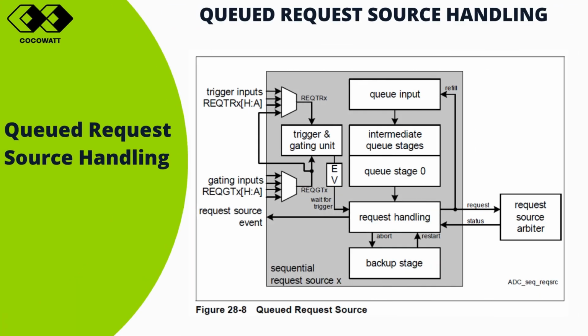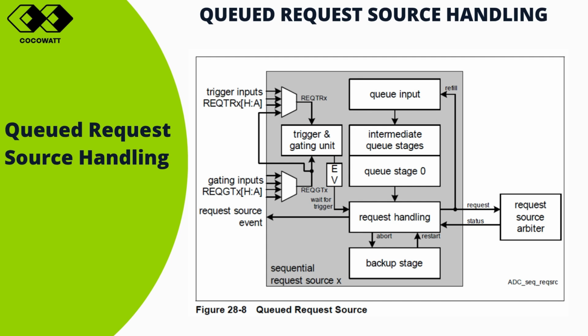In a queued request source, you can create short conversion sequences up to 8 channels with full flexibility in the order you choose. Unlike a scan request source, which follows a fixed conversion order, the queued request lets you set any sequence you want. These channels are stored in a queue buffer organized with a simple FIFO mechanism.